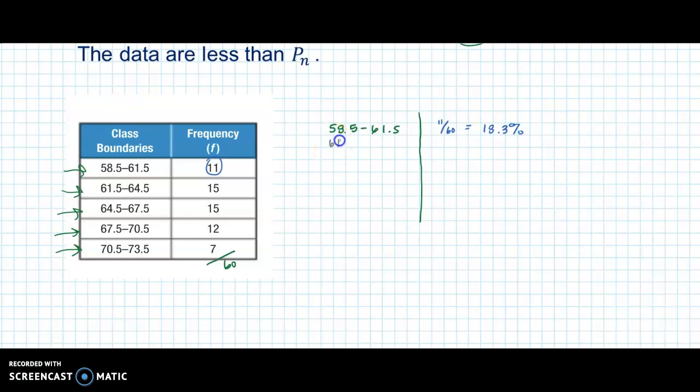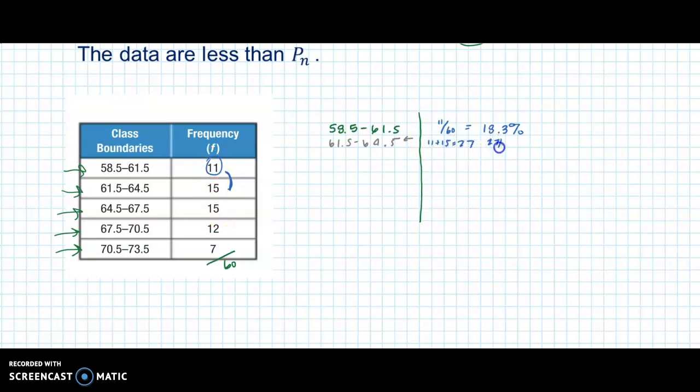Then the next one goes from 61.5 to 64.5. So we want to know how much the 64.5 would be bigger than. What percent of the data? First we have to add these two. So we have 11 plus 15, which is 26.